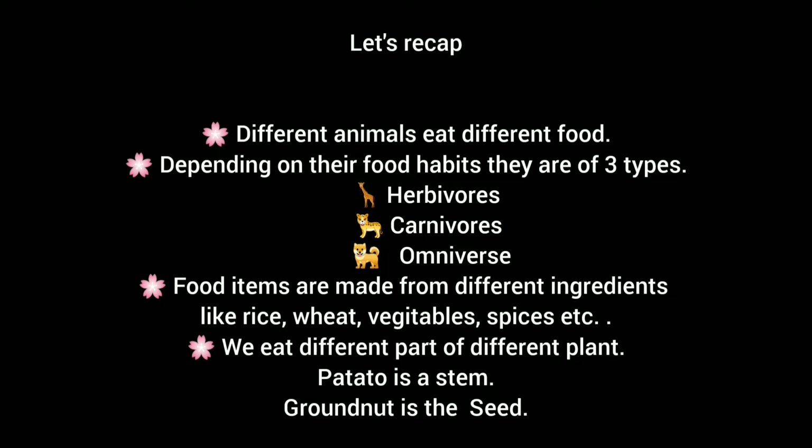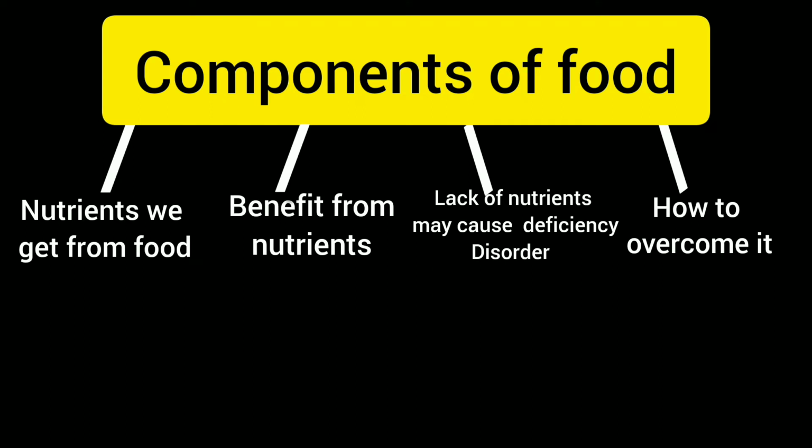We also learned that food items are made from different ingredients like vegetables, rice, spices, wheat, etc. We eat different parts of a plant, like potato is the stem of that plant and groundnut is the seed.